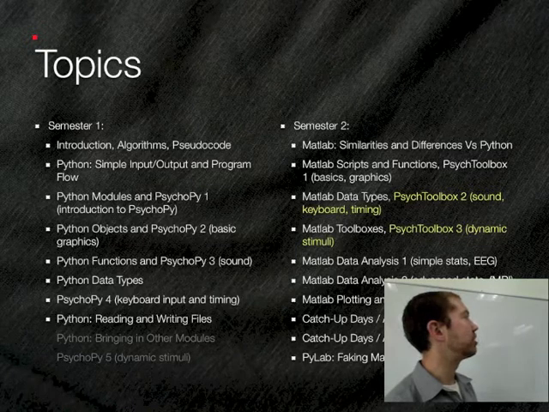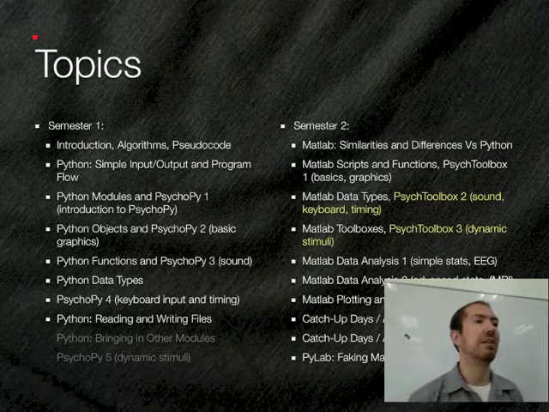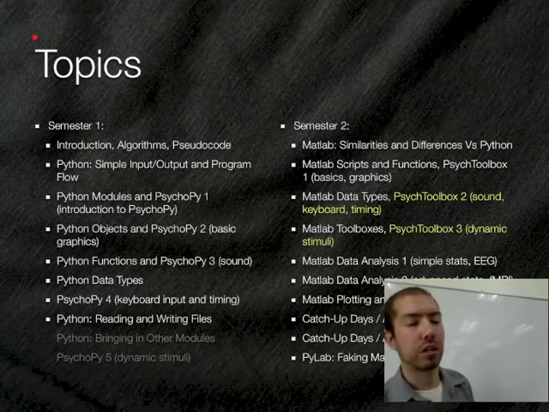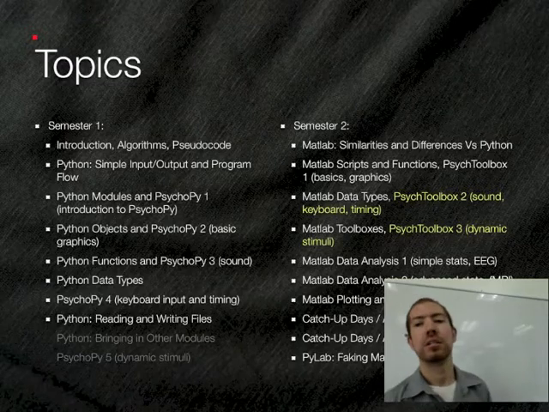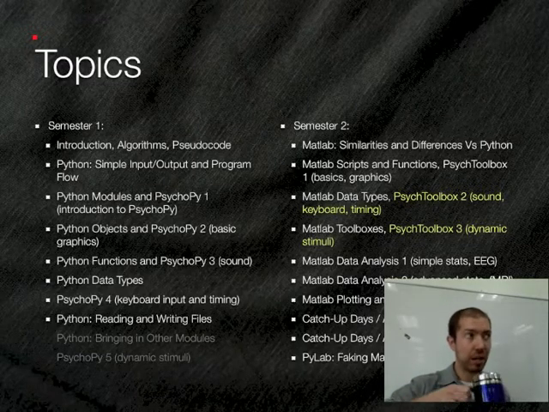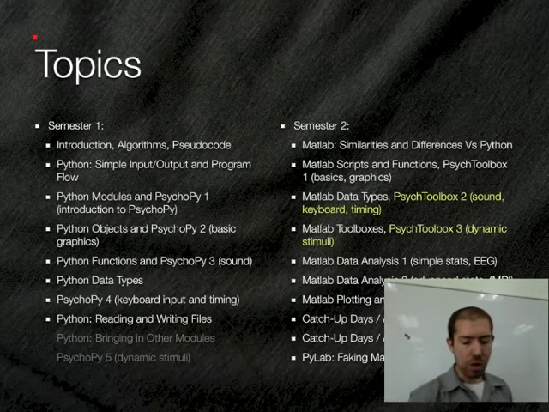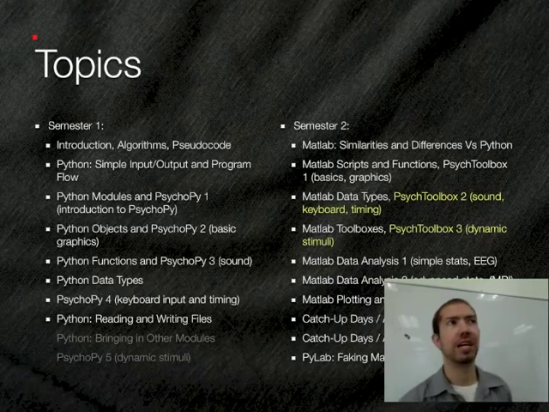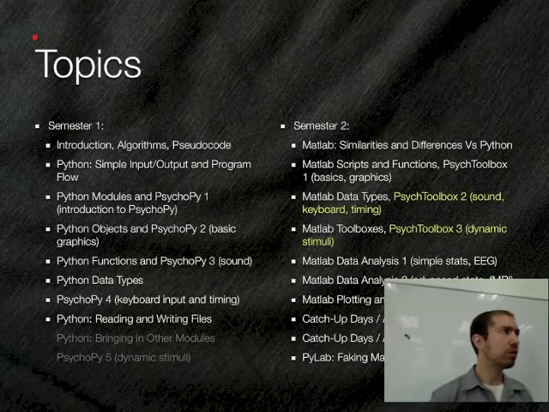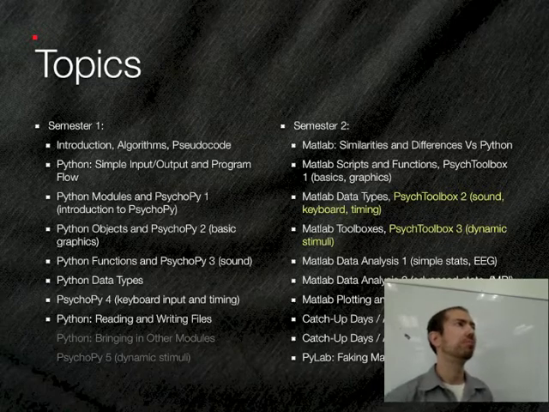So today we're going to finish up what we started last time, hopefully, which is to talk more about Psychtoolbox, talk about sound, keyboard, and timing. We had just started on showing you how to play sounds last time, so we'll do more of that today with this McGurk demo.